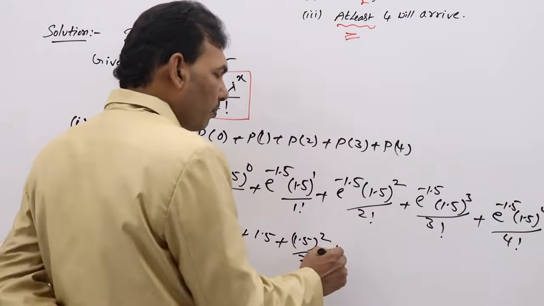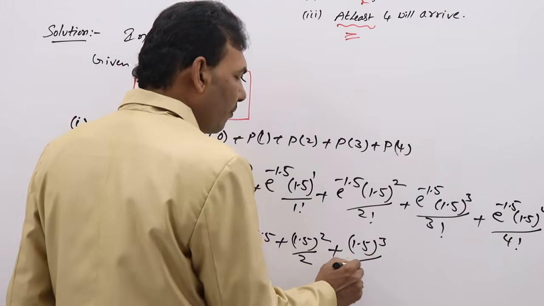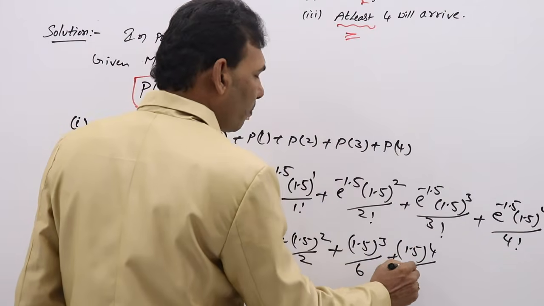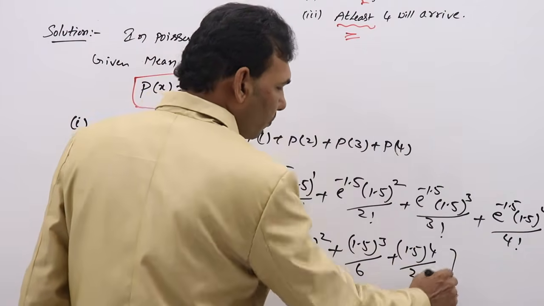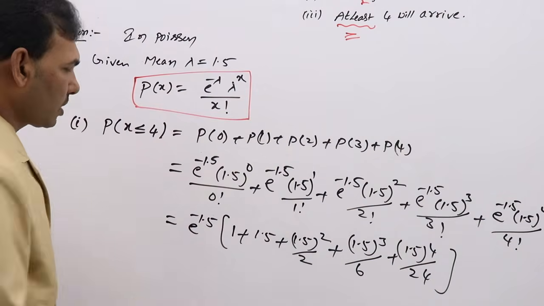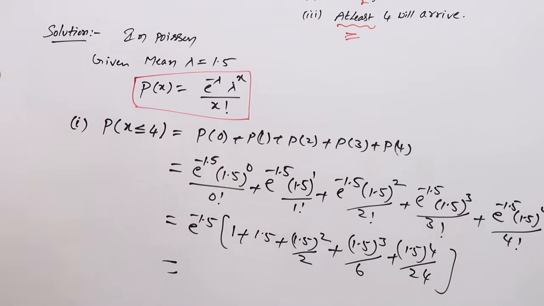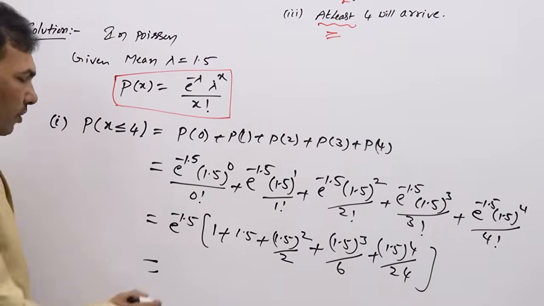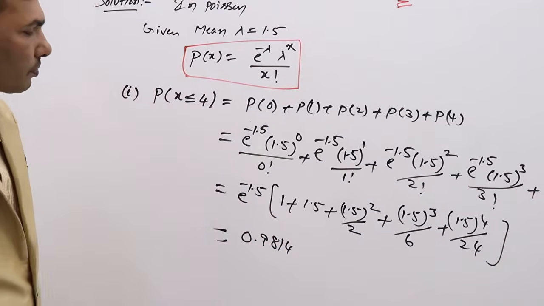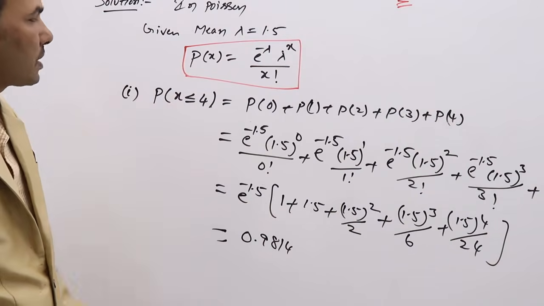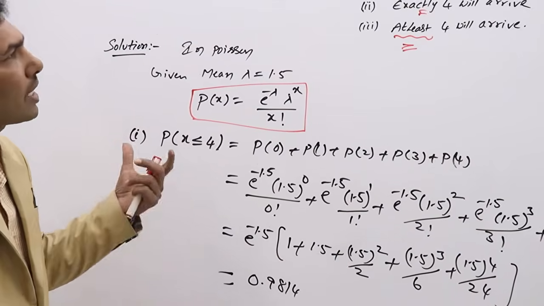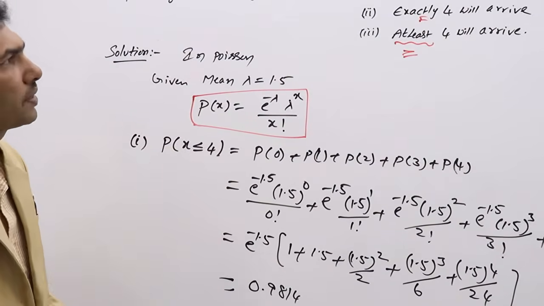In the next one, 1.5 whole cube by 3 factorial, 3 into 2 into 1, which is 6. The last one is 1.5 whole power 4 by 24, since 4 factorial means 4 into 3 into 2 into 1. Now if you calculate this value using your calculator, you will get 0.9814, approximately 98% chance of getting at most 4 customers in 1 minute.